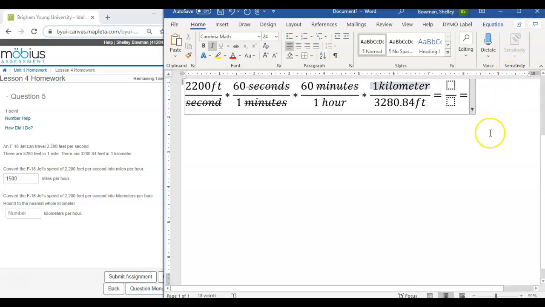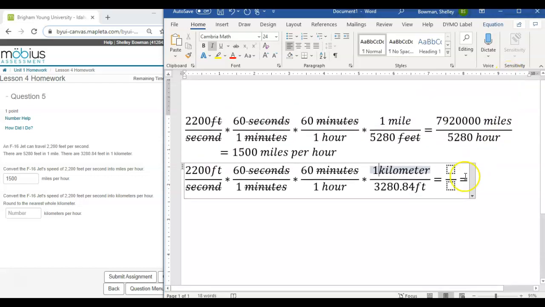So that's our unit conversion for that. Let's see, so our feet will cancel because we have 1 on top, 1 on bottom. There we go. And all of the time was the exact same. The seconds canceled, the minutes canceled, I have hour, the feet canceled, I have kilometer.